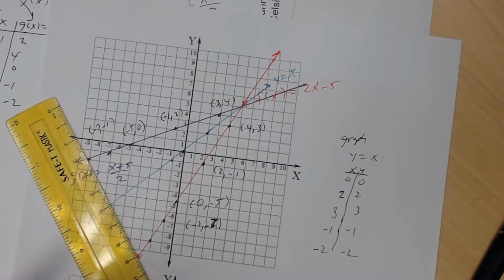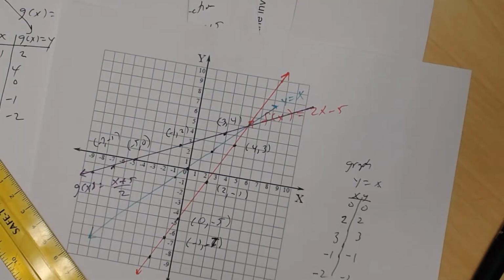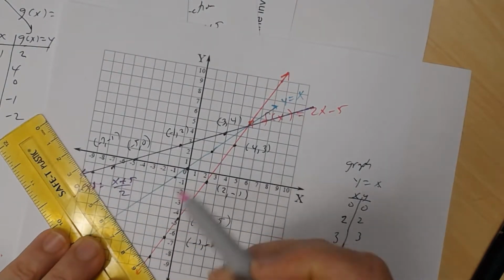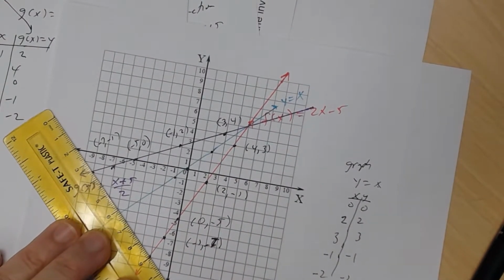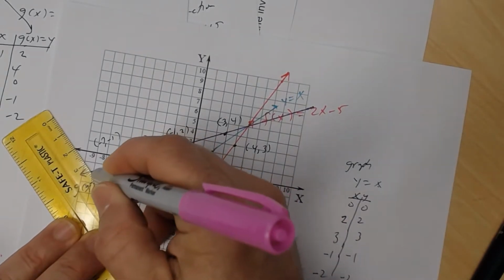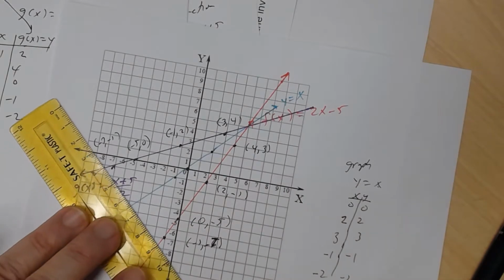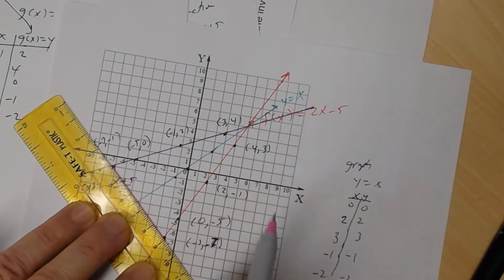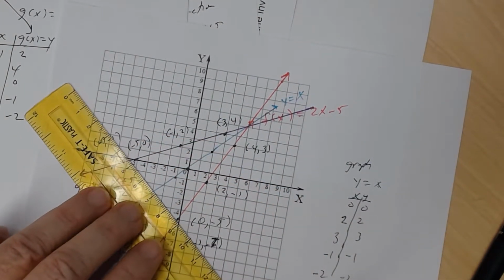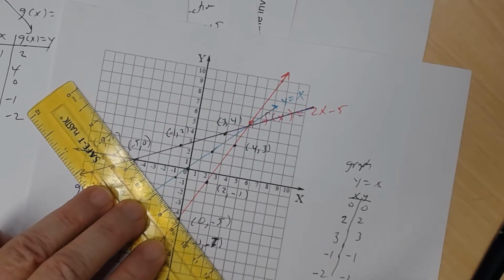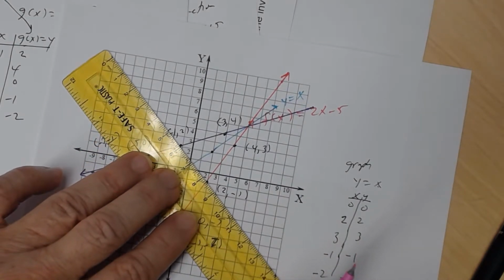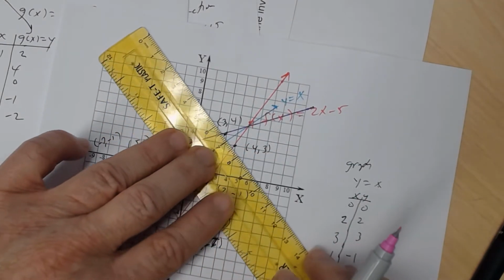If I take those 2 points right here, they're inverses of each other, and if I connect those 2 points, and do the same thing with these two, and then these two, and these two, and so on, I want you to notice something.